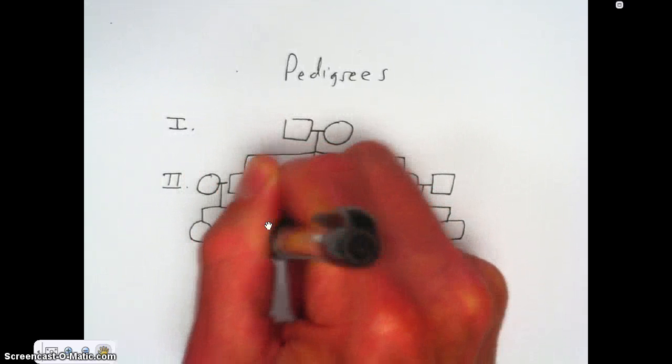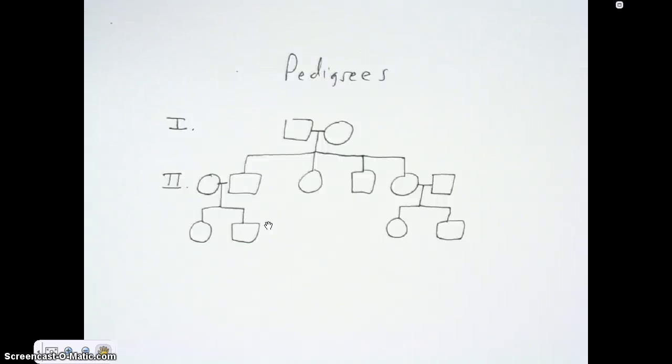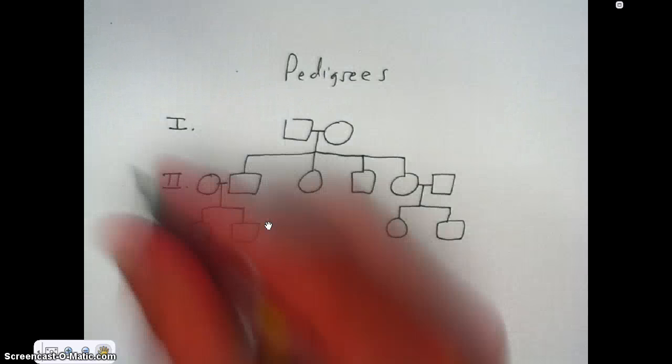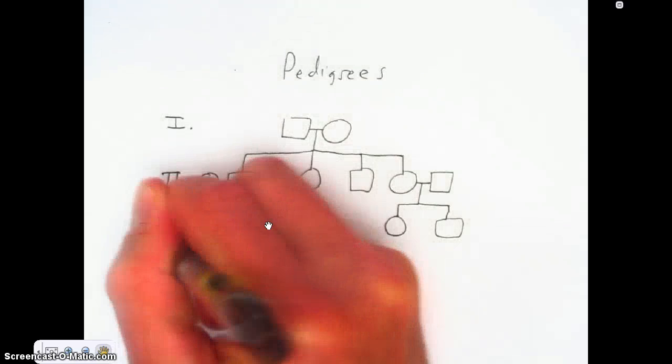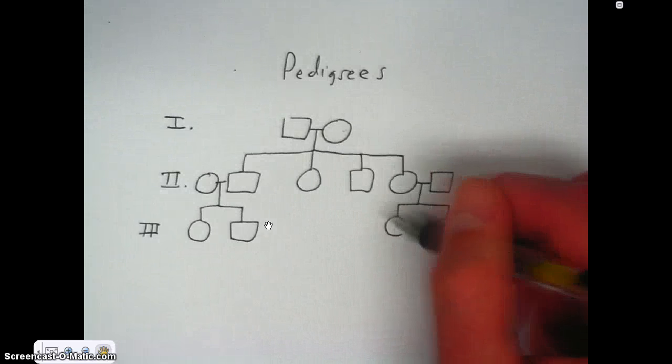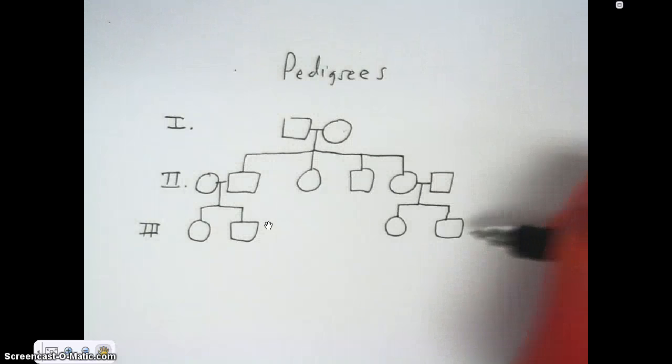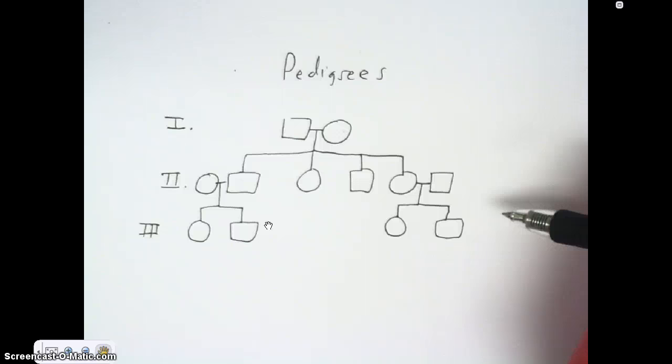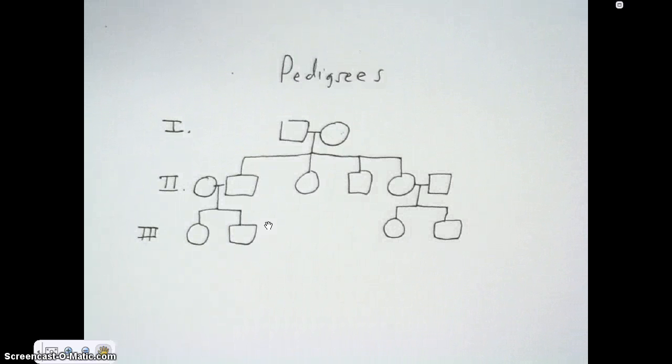They also had a son. By the way, this is the third generation, so their grandchildren are here. They have 4 grandchildren. So how can we trace a recessive disorder?